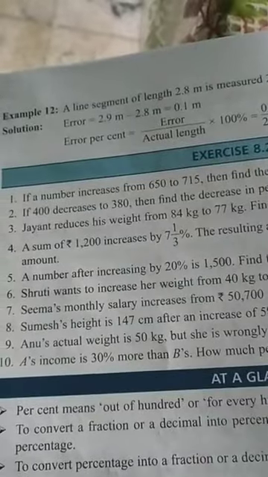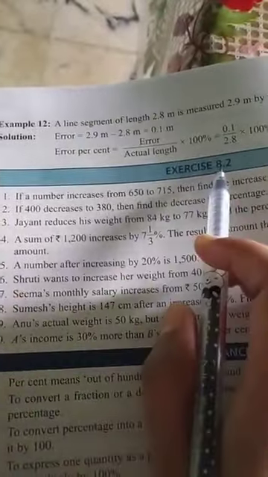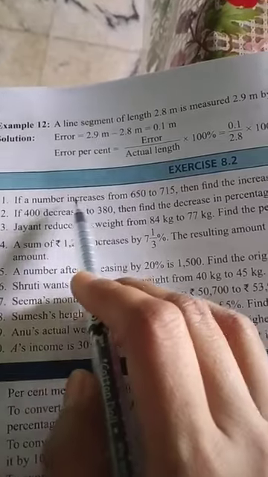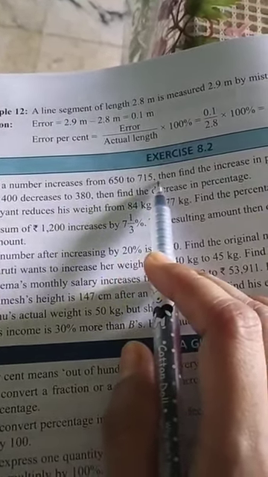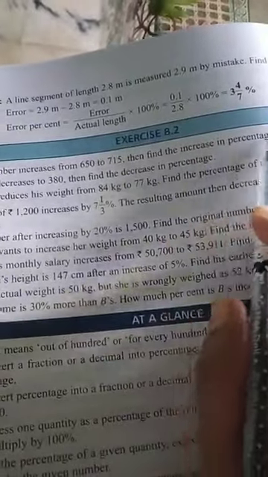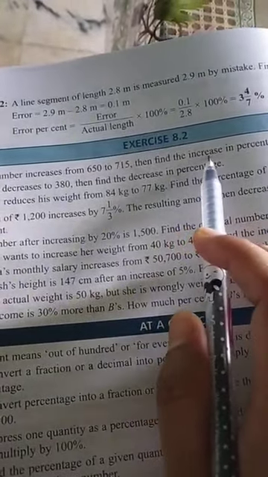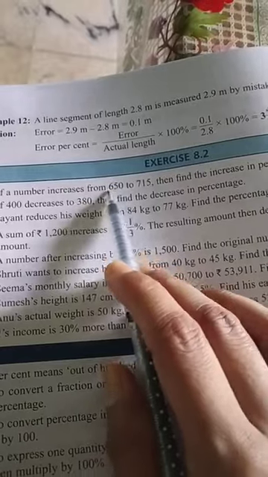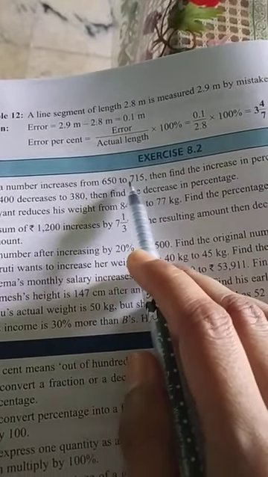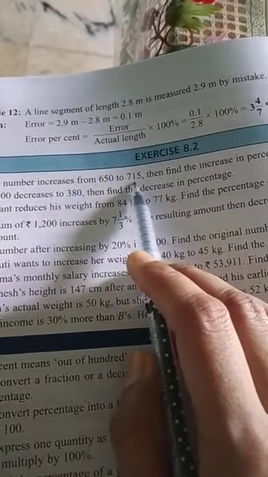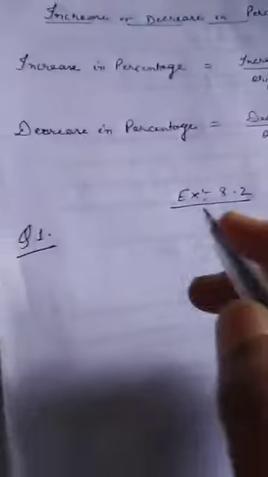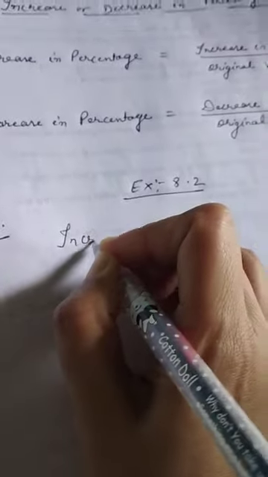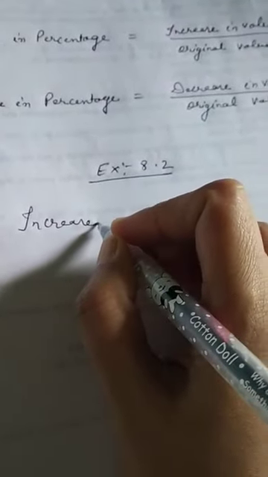Let's see first. Question number 1 of exercise 8.2. If a number increases from 650 to 715, then find the increase in percentage. We have to find the increase in percentage, and the original value is 650 and the increased value is 715. First of all, we will find the increased value, then we will change that into increase percentage.